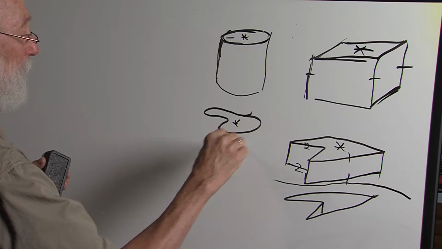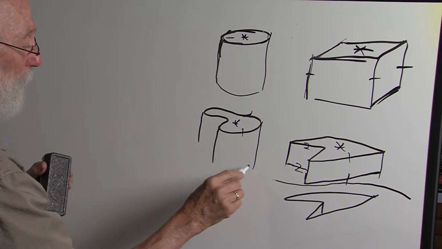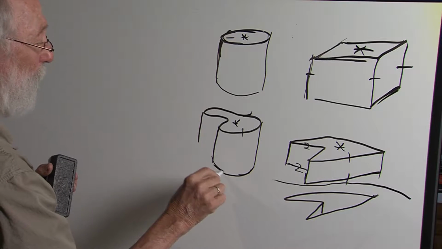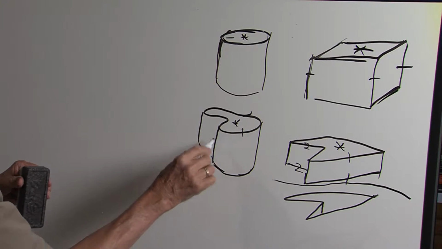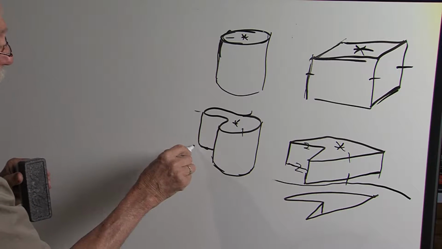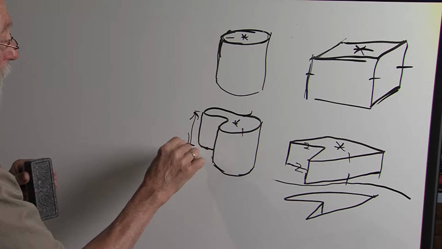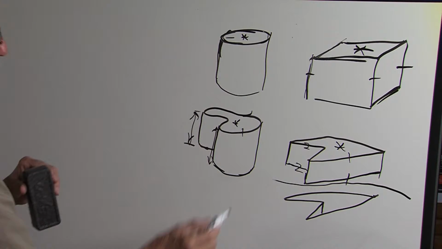Then you come off of it and you copy what you see up above again, right there, copy that down below, and copy this. And the length of this line is very important too. This length here should be the same as that length right there.